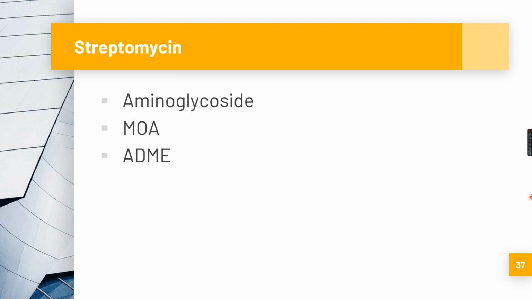We all know that being an aminoglycoside, it is an injectable. It is distributed only in the extracellular fluid, excreted unchanged in the kidneys, and it has its typical nephrotoxicity and cochlear toxicity.